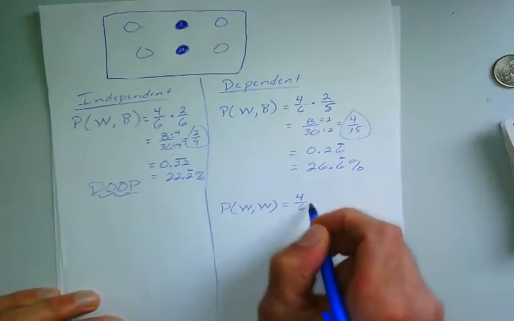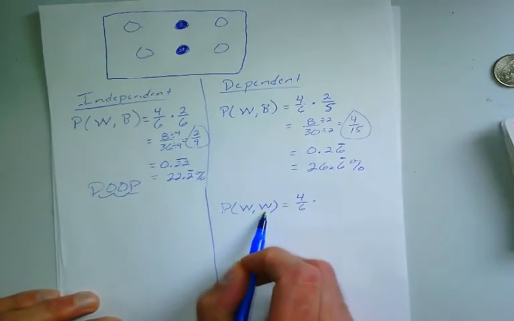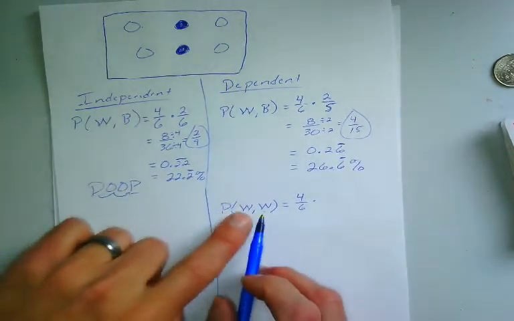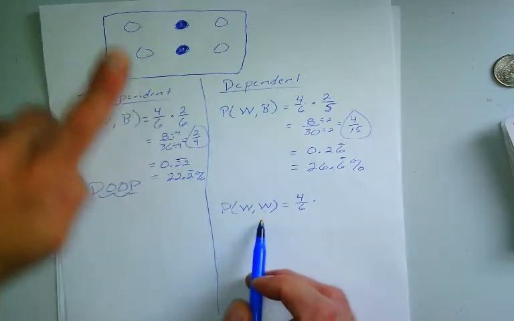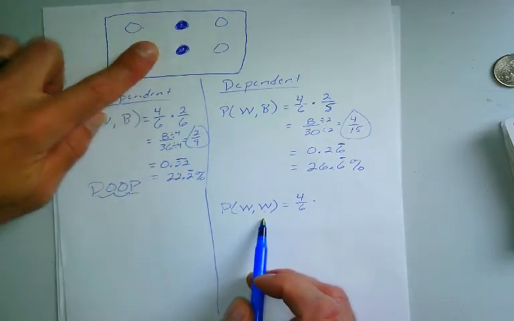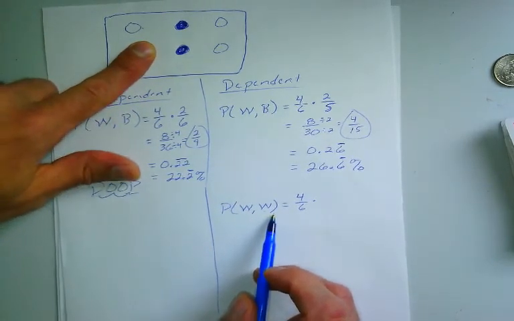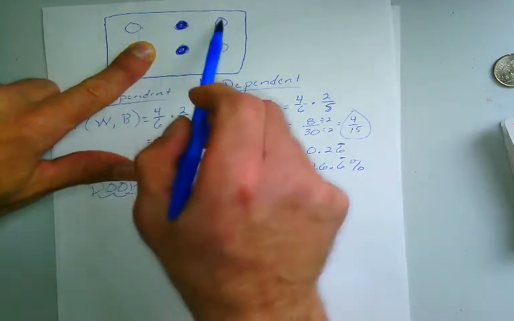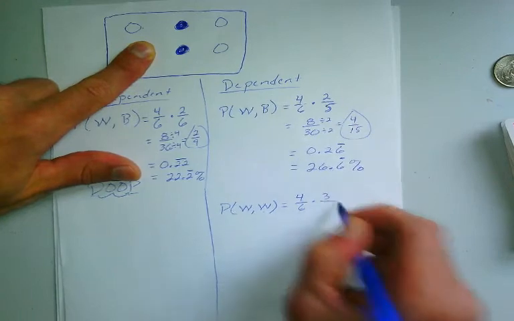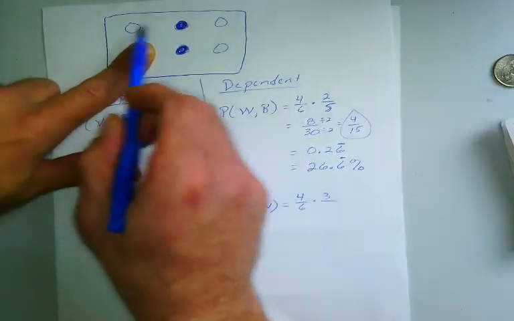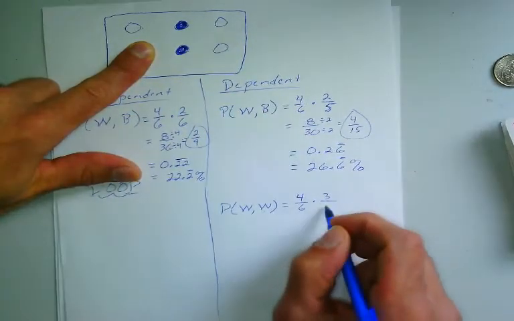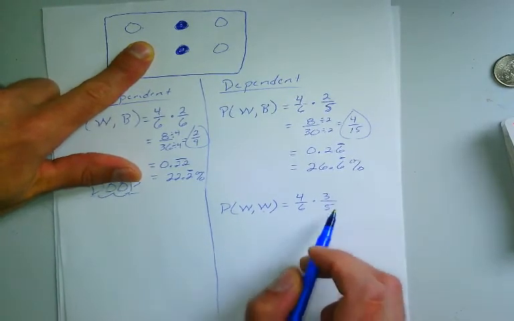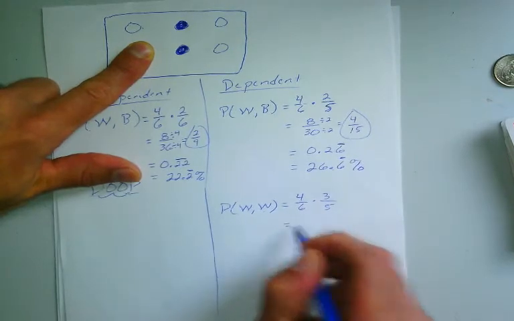Now I need to multiply that by the probability of getting a white on the second draw. Remember, I'm assuming that I drew a white on my first one, and I'm not replacing it. So I could actually cover up one white marble. Now my probability of a white on the second draw is only 3 favorable outcomes over 5 total outcomes. So that second probability was really impacted.